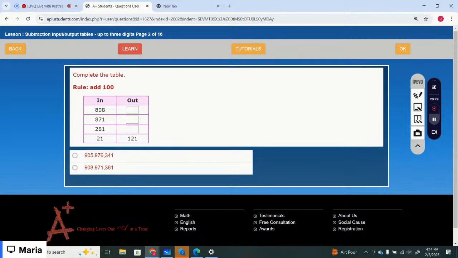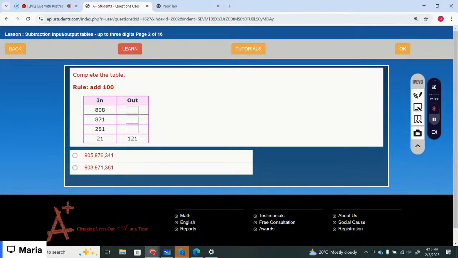Complete the table. Add 100. You have to add 100.